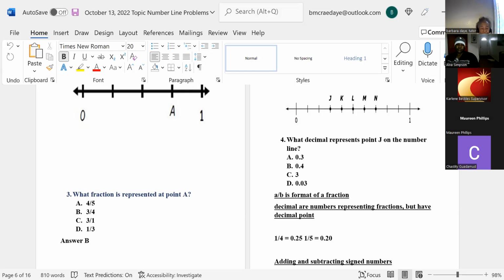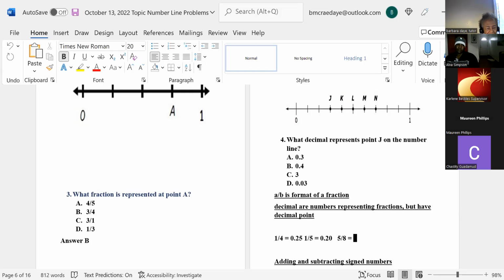Question, Maureen? So that means then that if I got like 5/8 eggs, that could go into a decimal too, right? Yes, 5/8 will be 0.625, I'm sure.